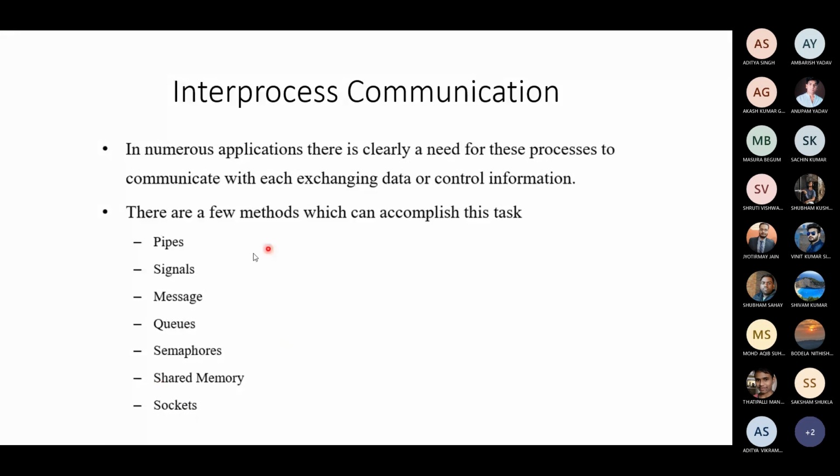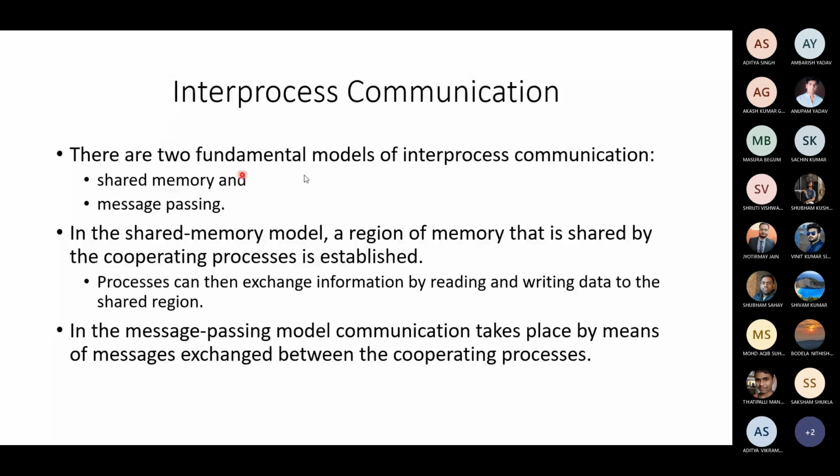For example, the two fundamental inter-process communication models are shared memory and message passing. In shared memory, a memory region is shared between multiple processes. They exchange information by reading and writing in that shared region. This is like a notice board, which is a shared place.